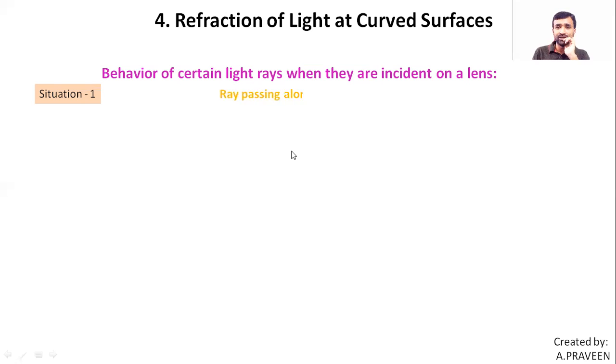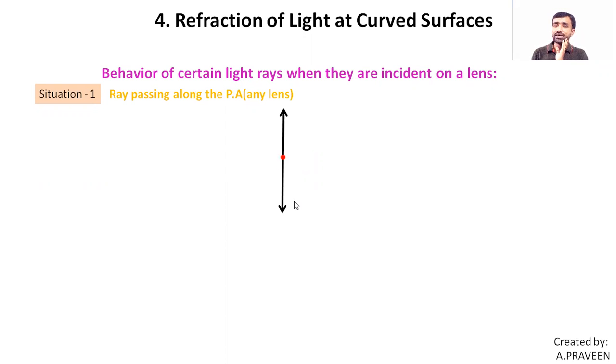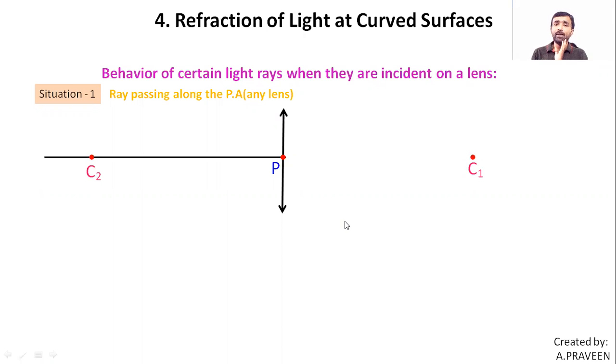First condition, I'll take a ray passing along the principal axis, right? Sorry, pole I said, principal axis, along the principal axis for any lens. So here, simply, I drew a convex lens, identified its pole, identified its center of curvatures also, respectively C1 and C2, then connect them. This is called the principal axis for the convex lens.